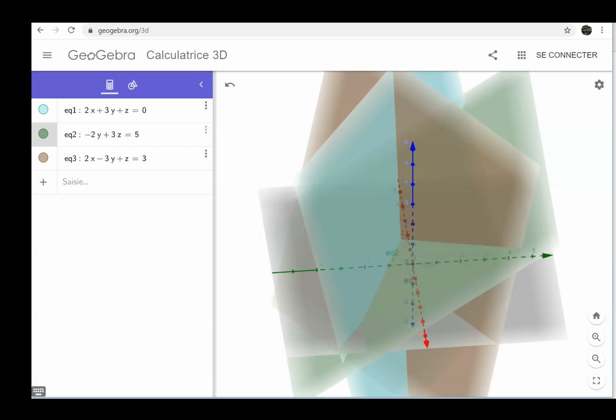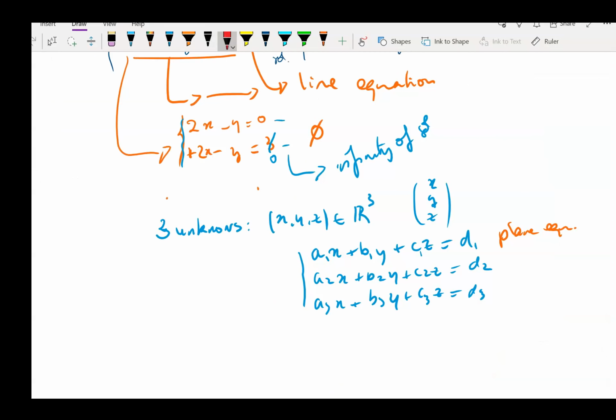And if I had given you some planes that would actually be the same, you would maybe have an infinite number of solutions. Okay, so that was the row picture of those linear equations. Let's now have a look at the column picture.